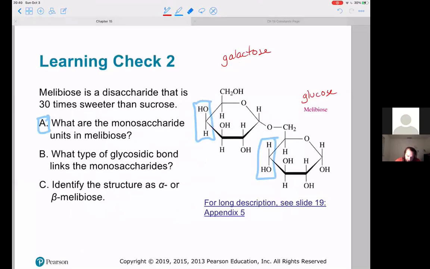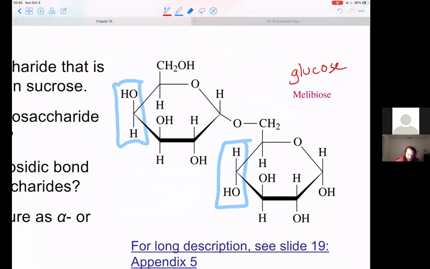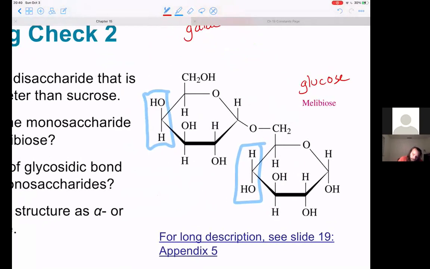Characterizing the bond. This is kind of, I think, one of the more important aspects of this particular lecture. So carbon 1, my anomeric carbon on galactose, is it in the alpha or the beta position? This would be the alpha position of that hydroxyl group on galactose.